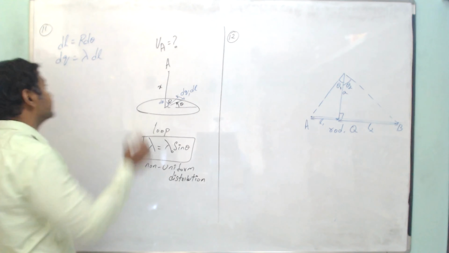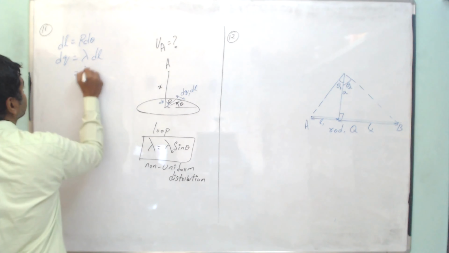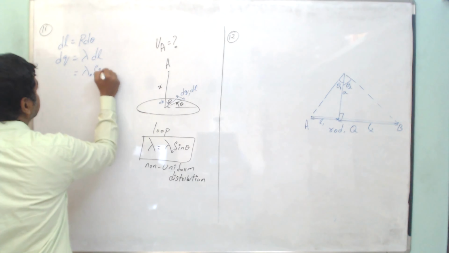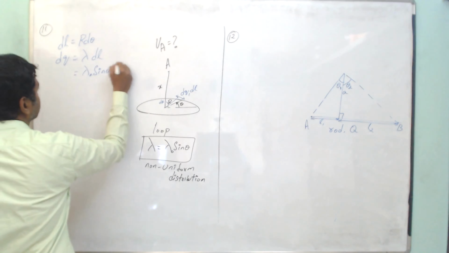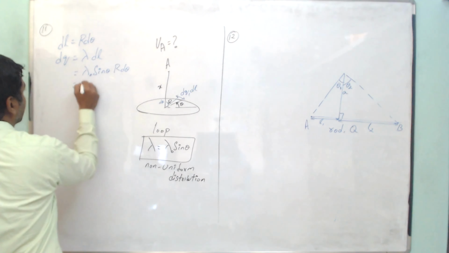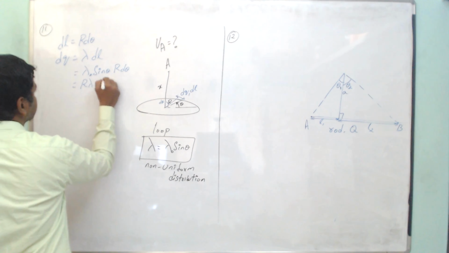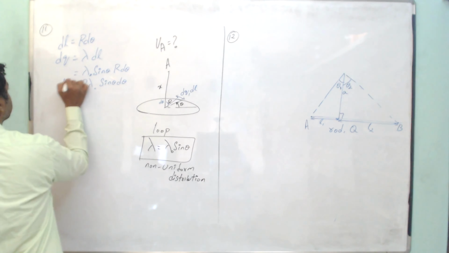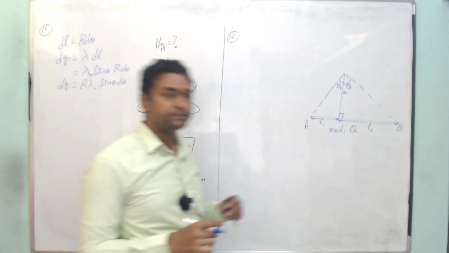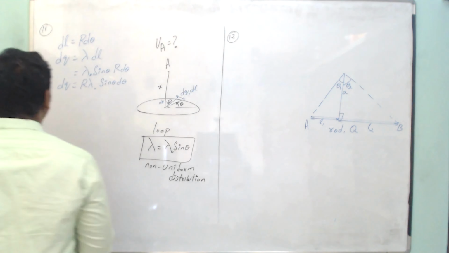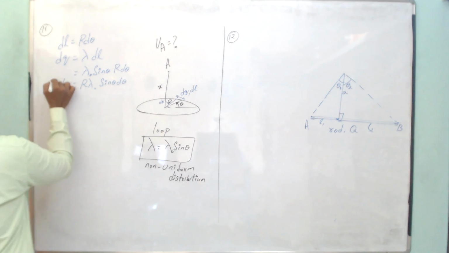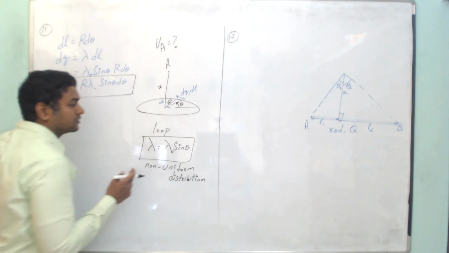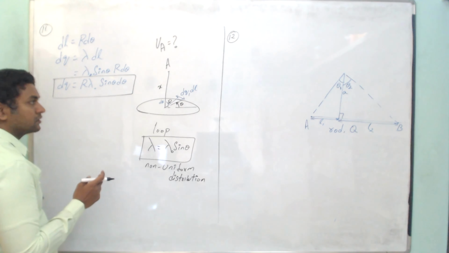Therefore, dq is equal to lambda naught sine theta R d theta, which is lambda naught R sine theta d theta, since R and lambda naught are constants. This is my charge dq. Only that goes into integration with the charge, dq by under root of R square plus x square.